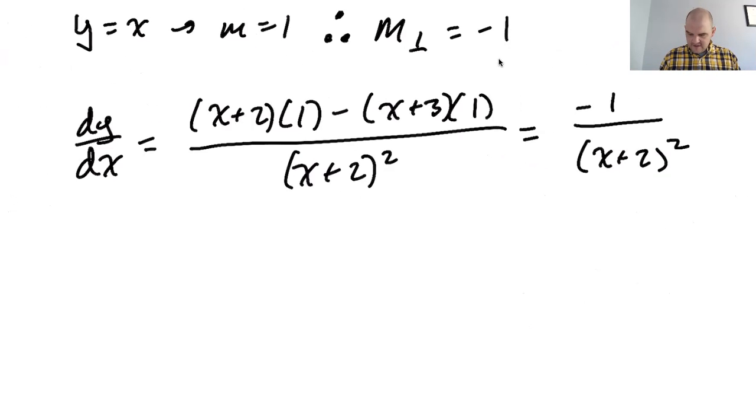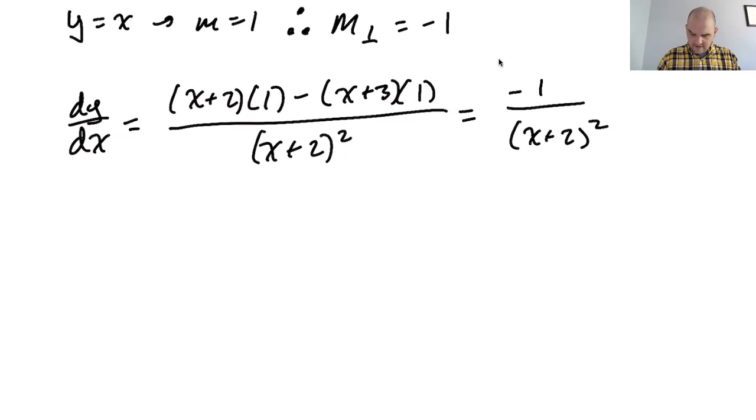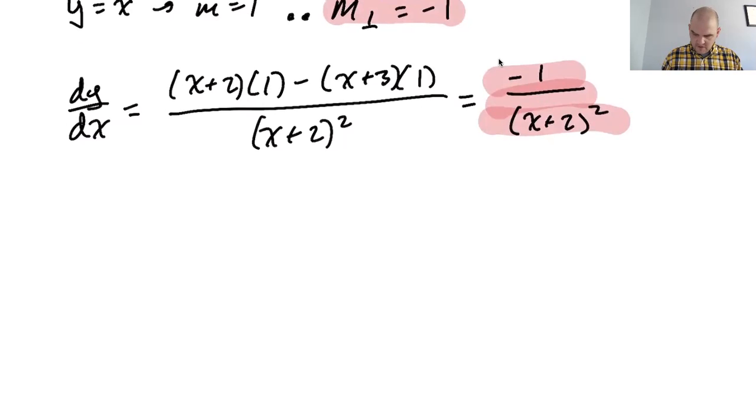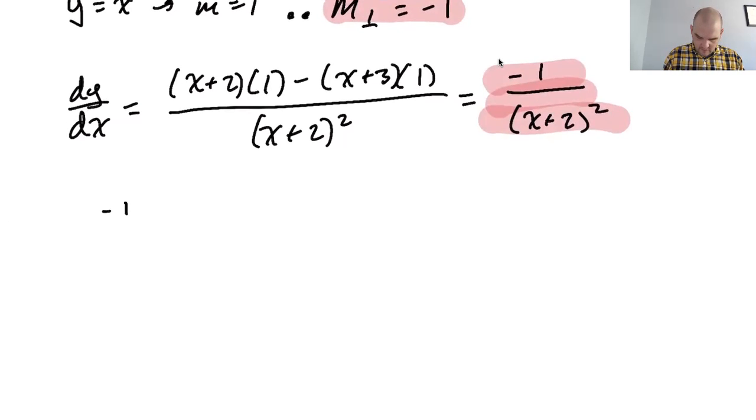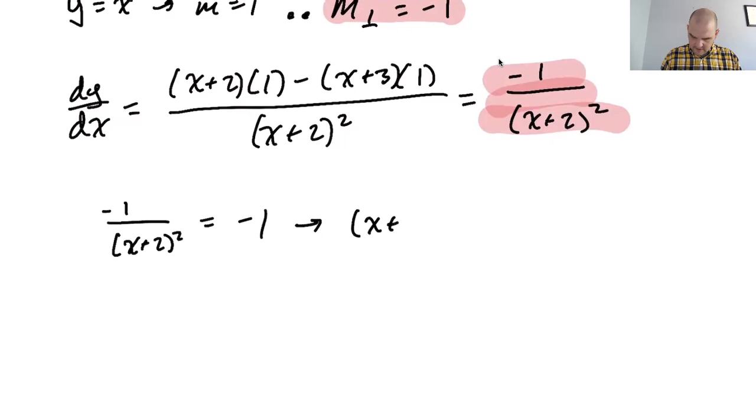So we get this, and then I need these two things to be equal, right? So I'm going to set them equal. So I get -1 over (x plus 2) squared equals -1, which means that (x plus 2) squared is equal to 1.